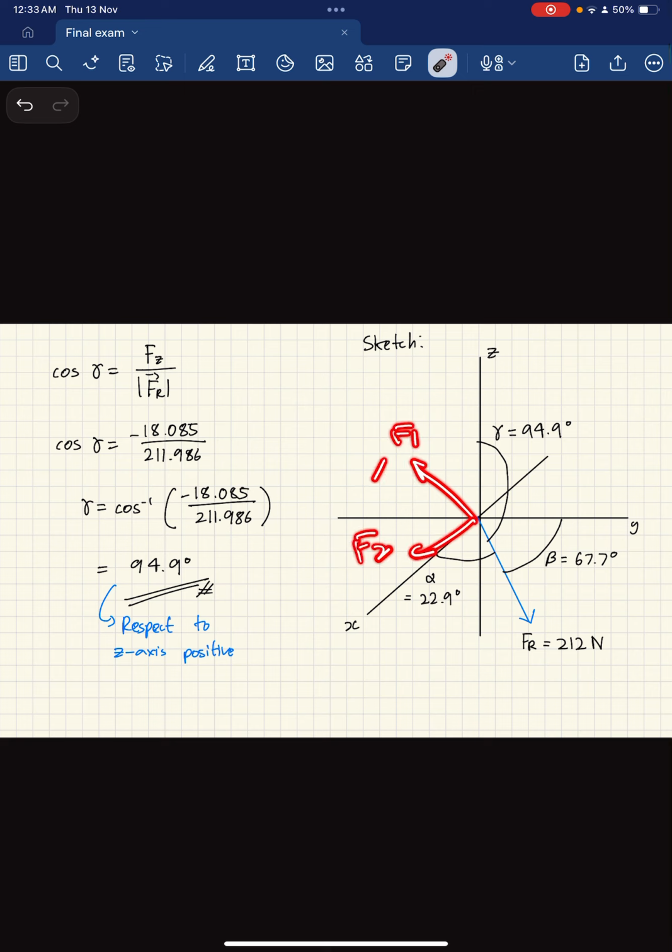They only want the resultant, as I've drawn here. It will be nice to use a blue pen to draw the force, and a black pen or pencil to sketch the axes, so it's easier for the examiner to see, and for you as well.